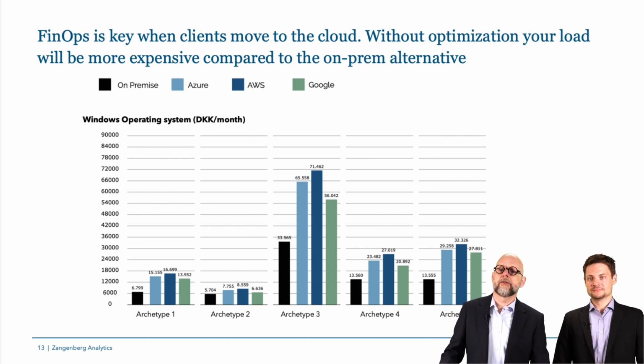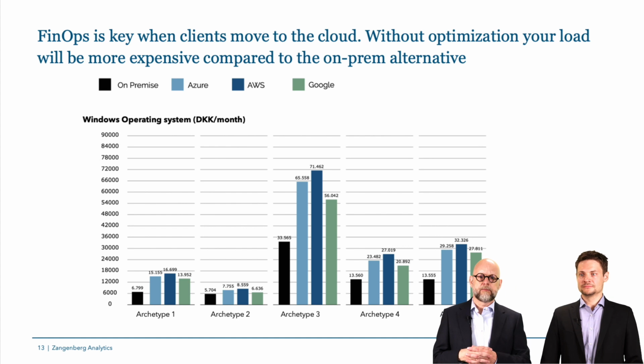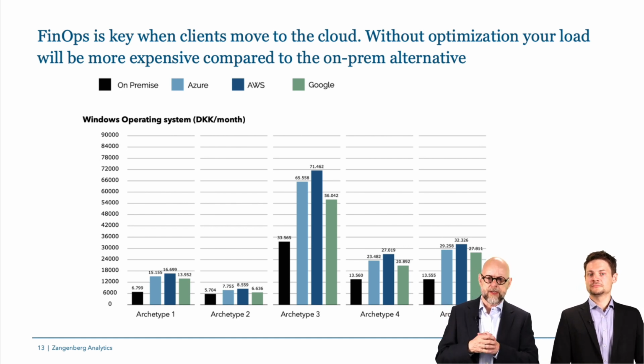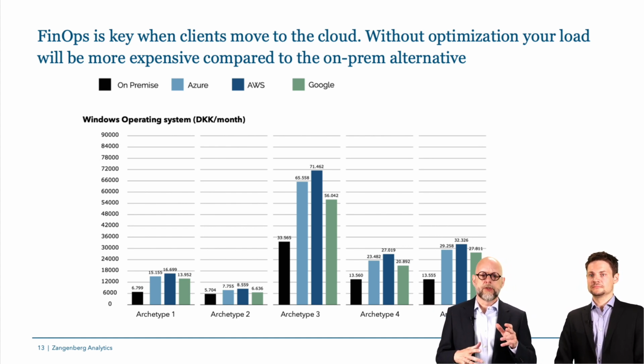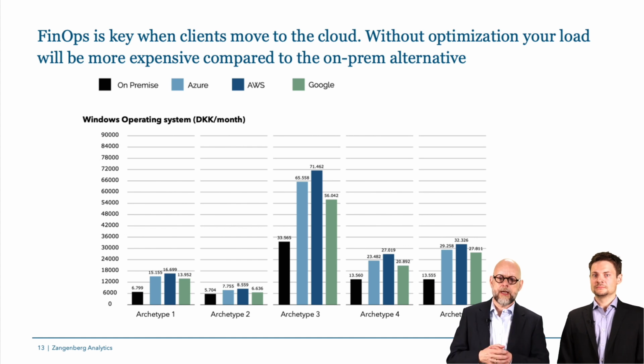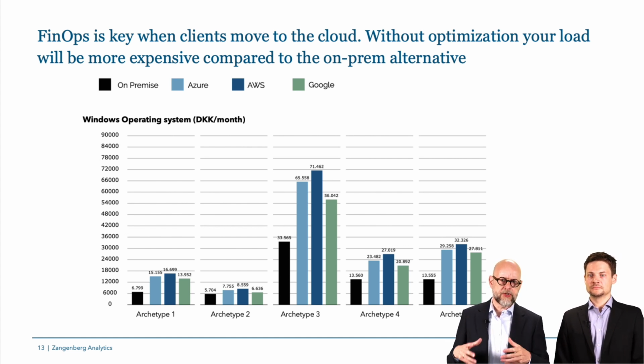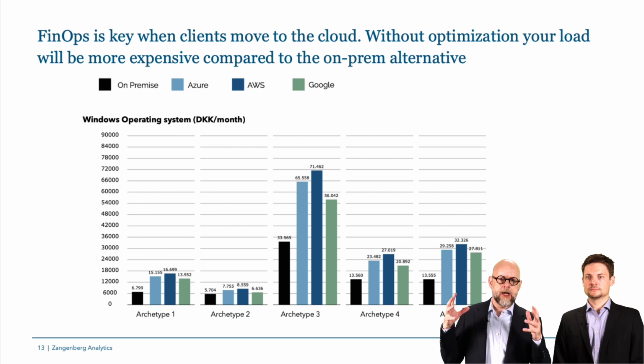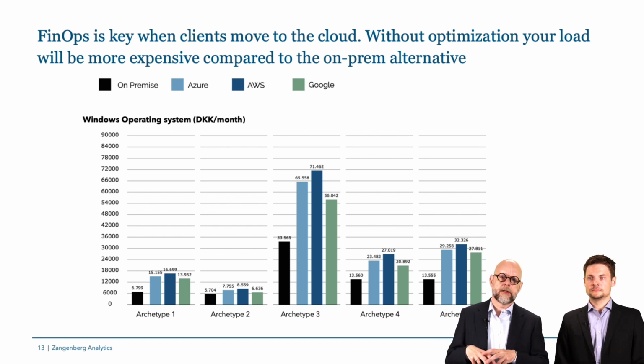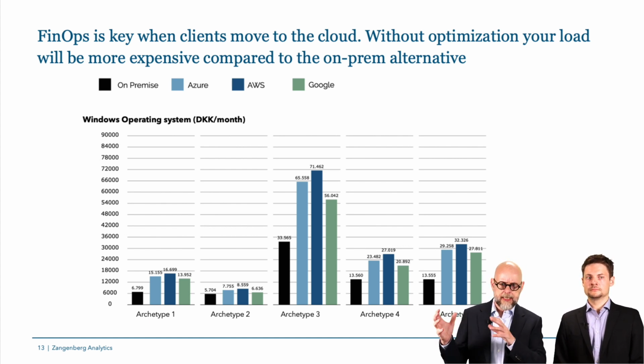I know that many of you have been to presentations here before, so a lot of you will know our cloud archetypes that we publish once a quarter in quarterly analytics. I will just go through them briefly. The cloud archetypes are 5 different application landscapes where we've collected information about consumption with the clients where they reside.